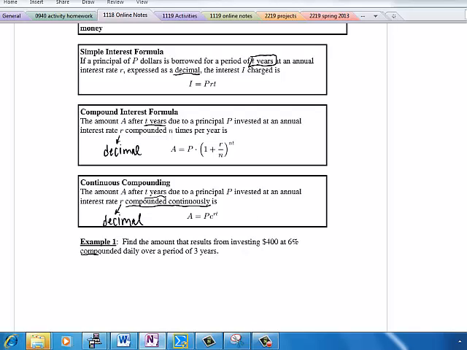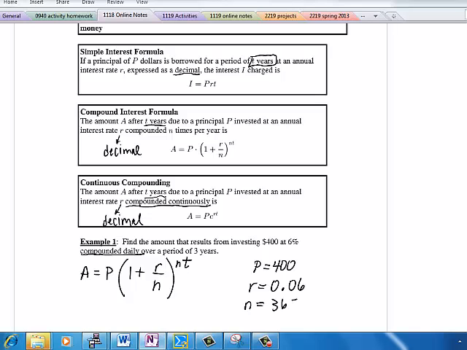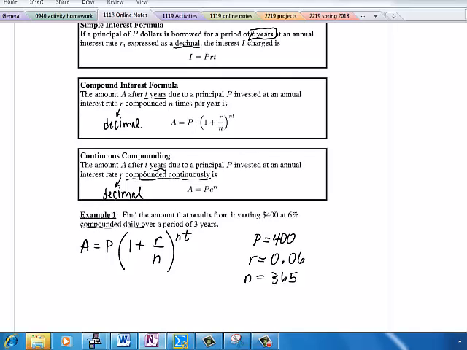Compounded daily says that we want to use the compound interest formula, A equals P times 1 plus R divided by N, to the N times T, and we want to fill in as many values as we can. 400 is the principal. 6% is the rate, but we switch it to a decimal. Daily means N equals 365 days per year, and over a period of 3 years, T would be 3.